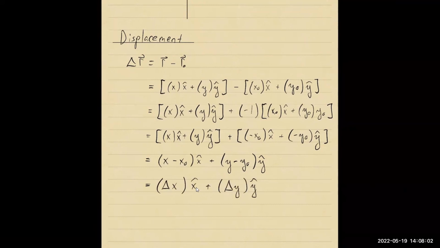And so this gives us a taste of how we're going to approach motion in 2 dimensions. We really focus on 2 one-dimensional cases. We focus on things happening in 1 dimension in the x direction, and then we focus on things happening in the y direction, and we merge them together at the end.